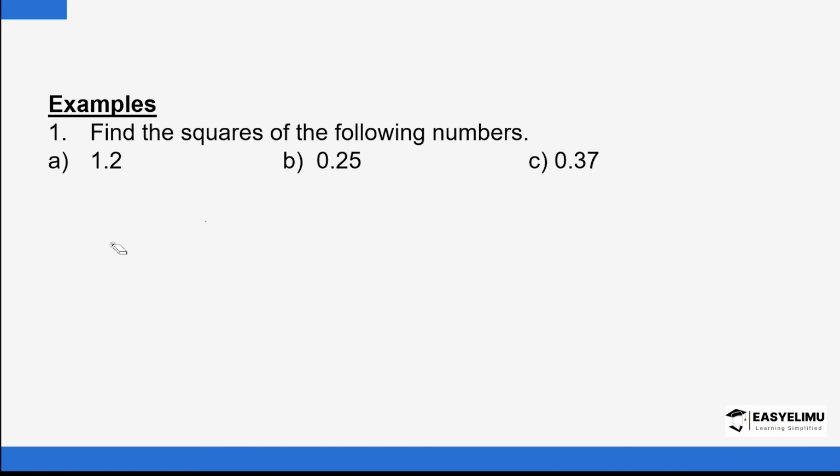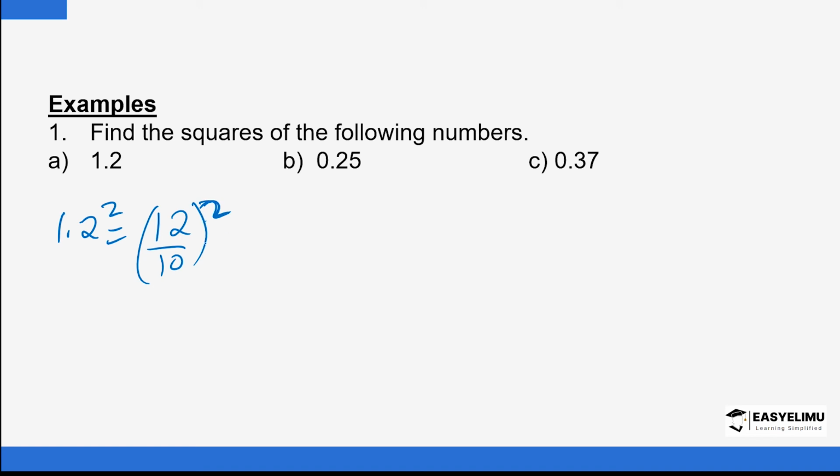So we have 1.2 squared. We're going to write this number as a fraction, with the denominator being a power of 10. For example, this is going to be 12 over 10 squared.